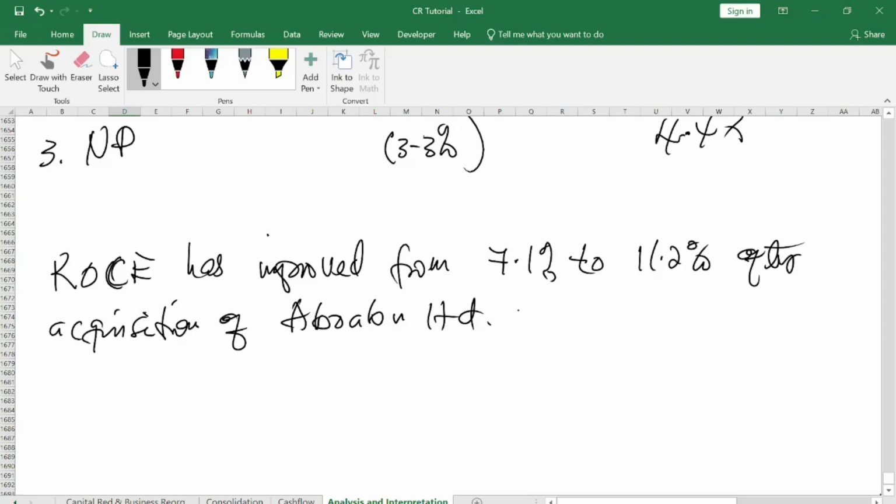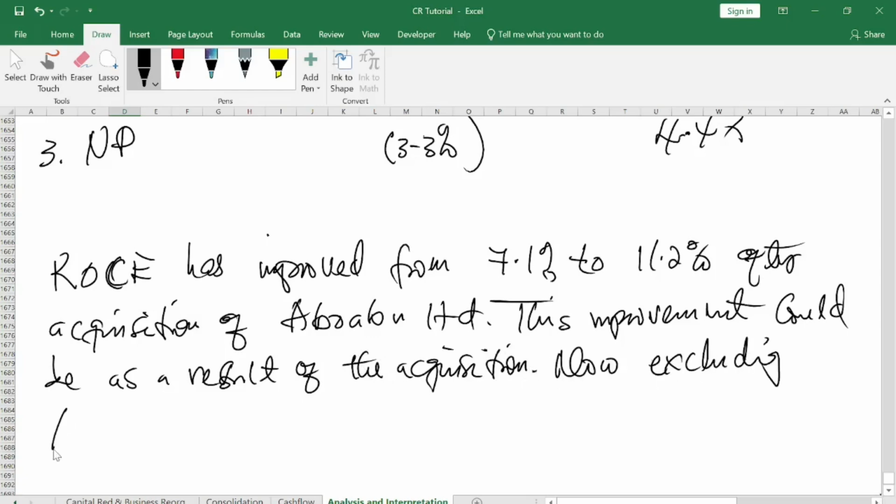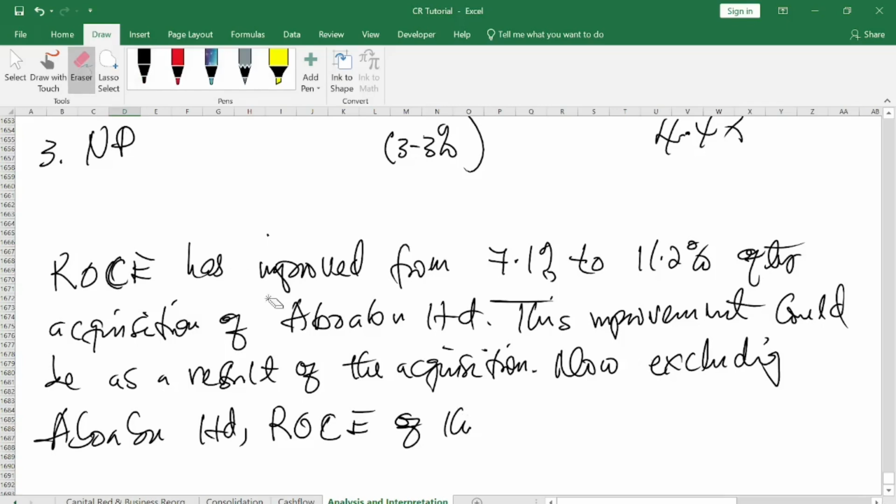You can say that this improvement could be as a result of the acquisition. Now, excluding Aboabo Limited, that is Medina alone.